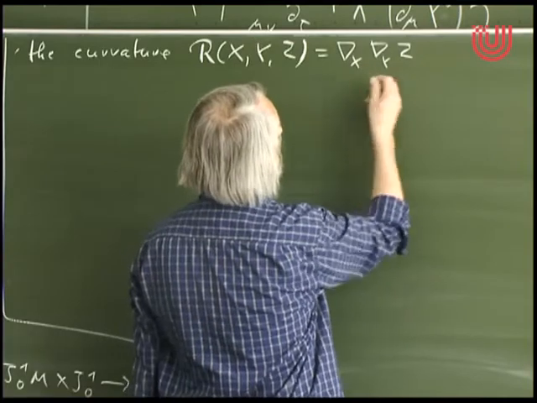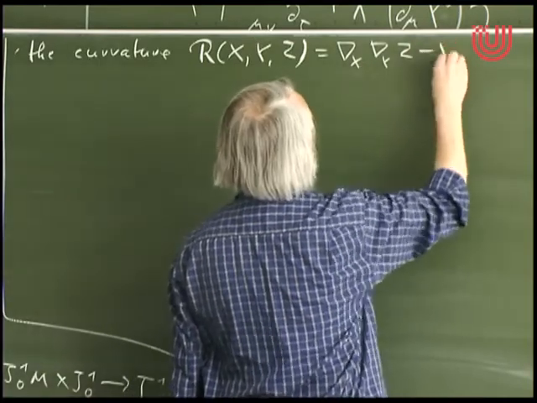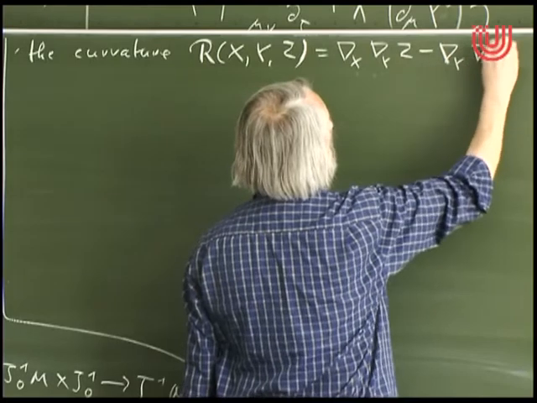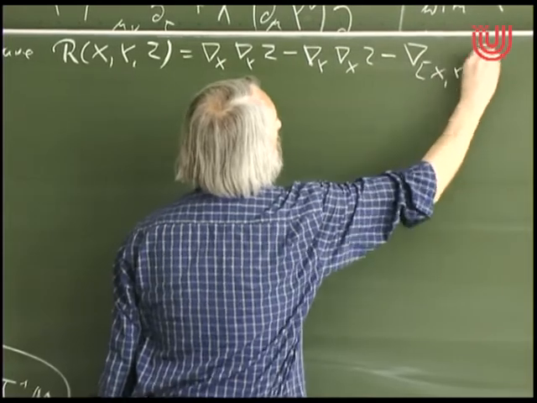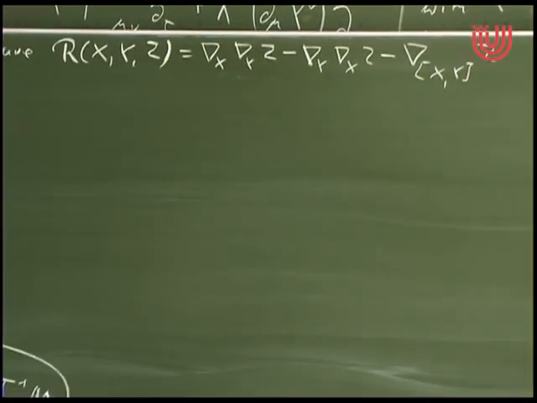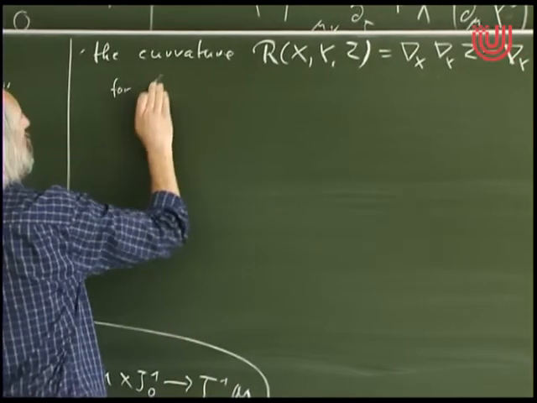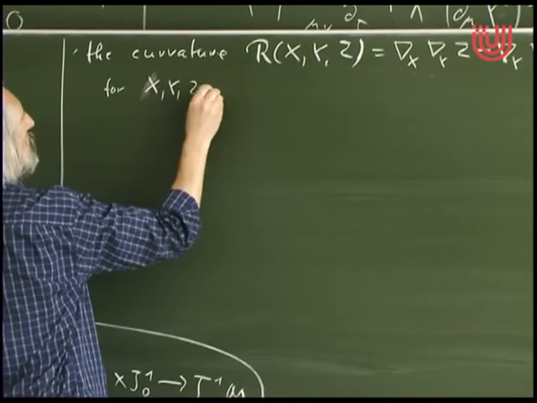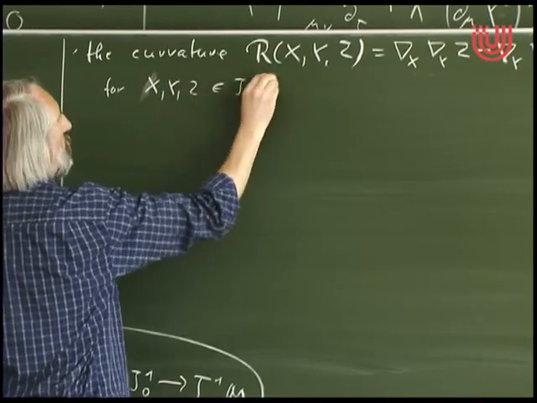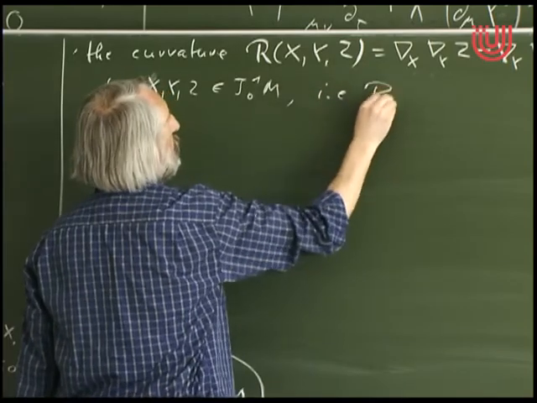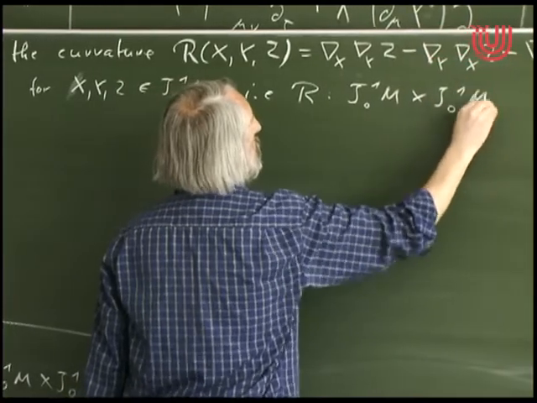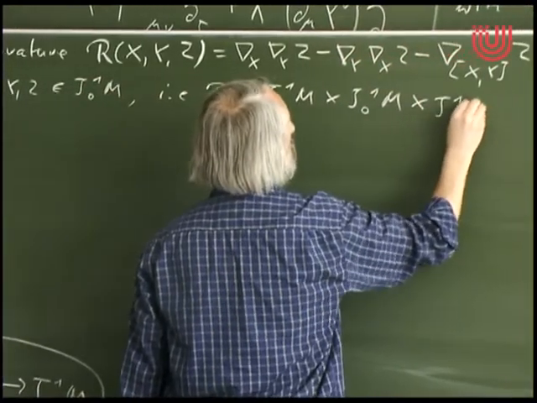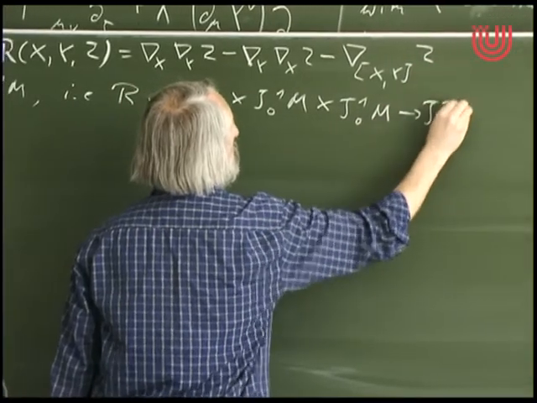And then I commute X and Y: del_Y del_X Z, and I subtract the covariant derivative in the direction of the Lie bracket. So this is again defined for X, Y, Z in T^1_0 M. So R is a map from T^1_0 M cross T^1_0 M cross T^1_0 M into T^1_0 M.